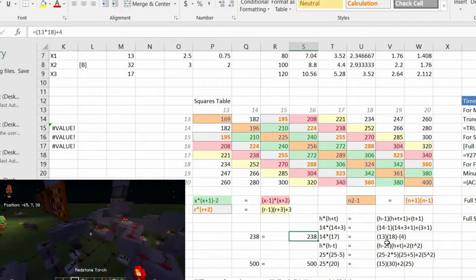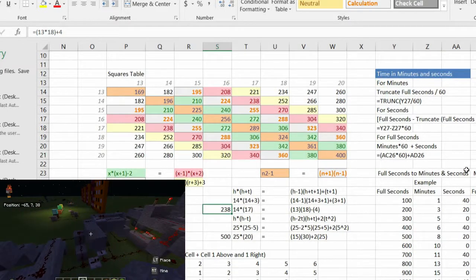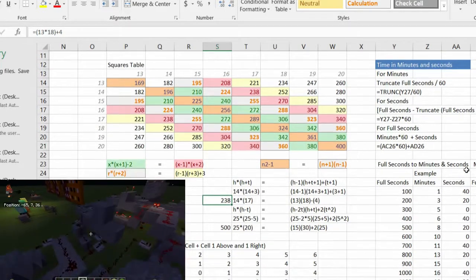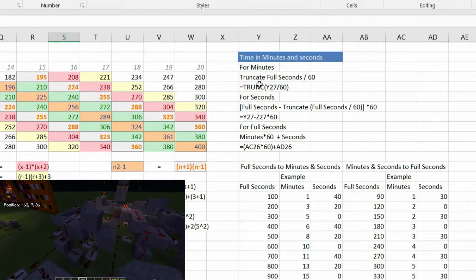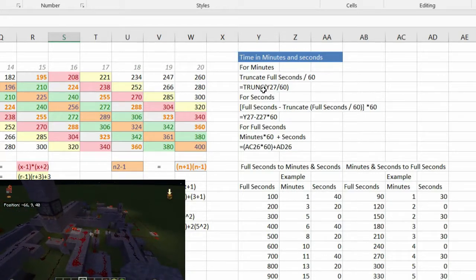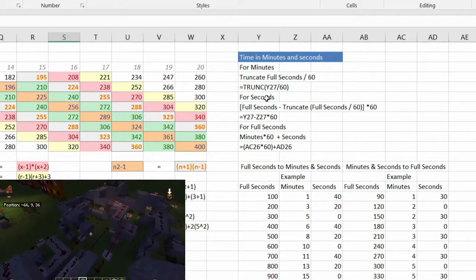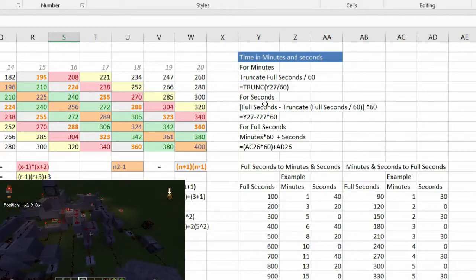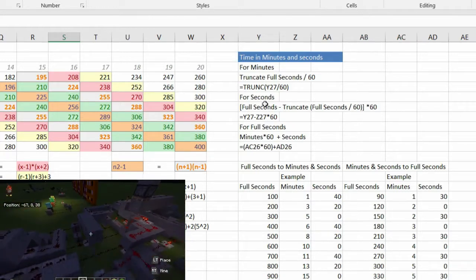Although I do want to show you this real quick. This isn't extremely useful unless you're converting time to minutes and seconds. So for minutes, this is how you do it. You do equals truncate, and then whatever your series is for your y-axis divided by 60. You divide it by 60, that's the amount of minutes, not including the seconds. So this is where the seconds get complicated.